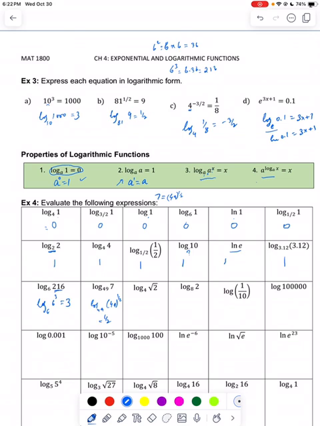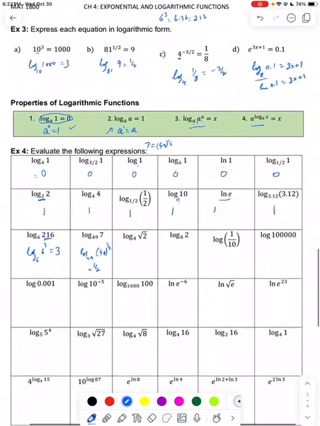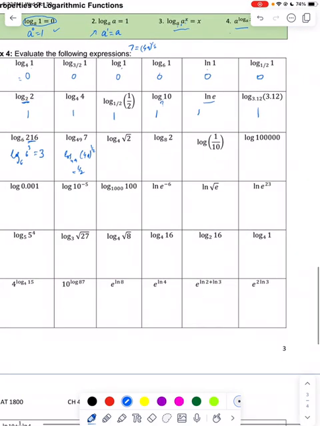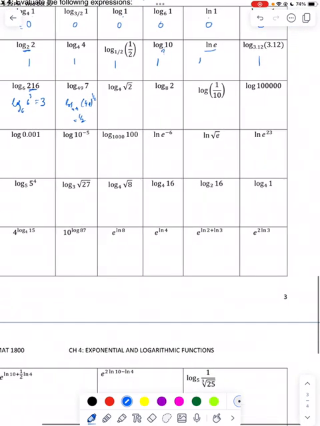But if you cannot see that, the easiest way to do it is to say that because you have to evaluate this quantity and you don't know what it is, just say that it is equal to x. Now convert it into exponential form. So this is what we get. Because the base here is 7, try to get this into base 7.